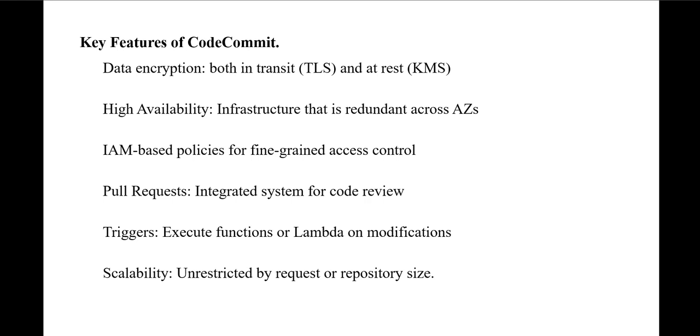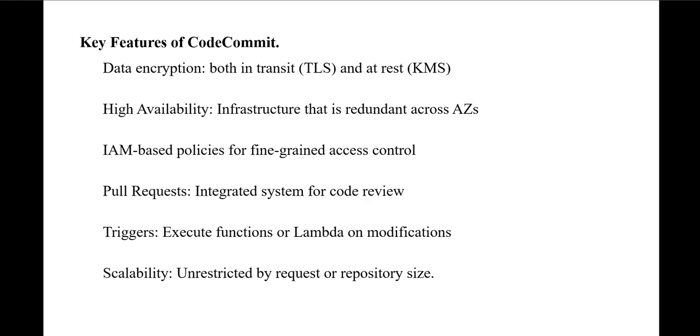Key features of CodeCommit include data encryption, both in transit and at rest; high availability infrastructure that is redundant across availability zones; IAM-based policies for fine-grained access control; pull requests, an integrated system for code review; triggers that execute functions or Lambda on modifications; and scalability, unrestricted by request or repository size.